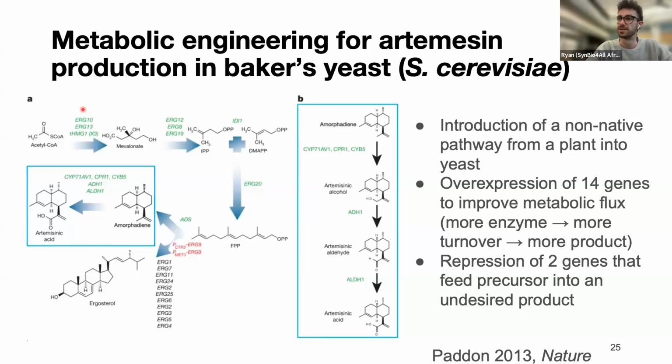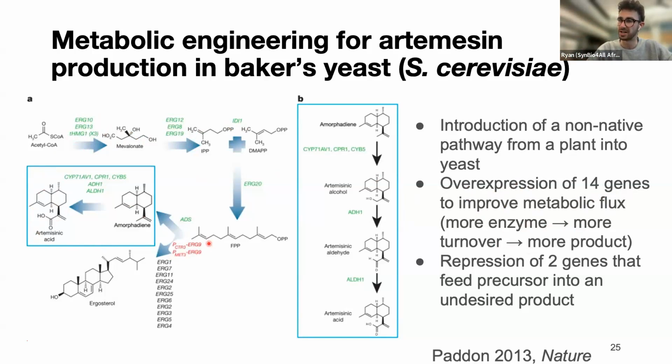And you can see there's a bunch of different transformations that they're doing here. All of these green words are different enzymes that they are overexpressing to get all the way to artemisinin. So they're overexpressing 14 different genes to change the metabolic flux. So they're getting more enzyme, more product turnover.